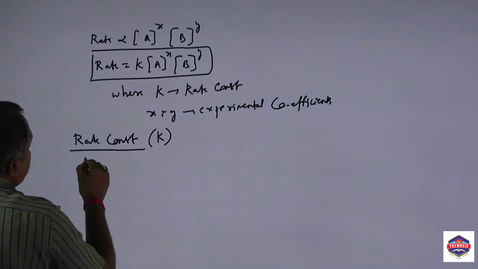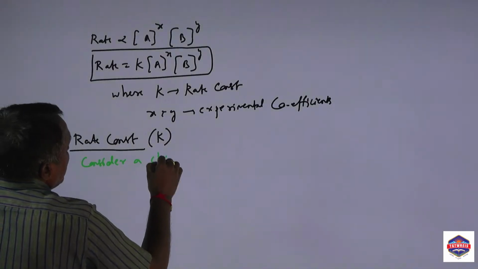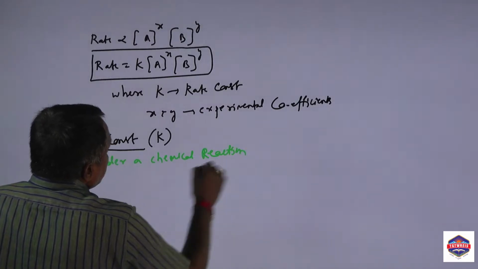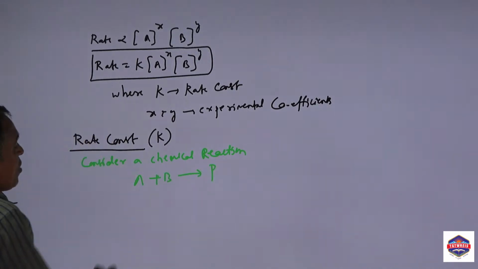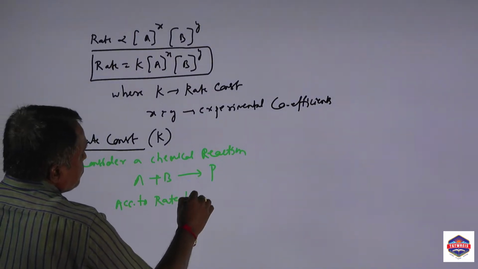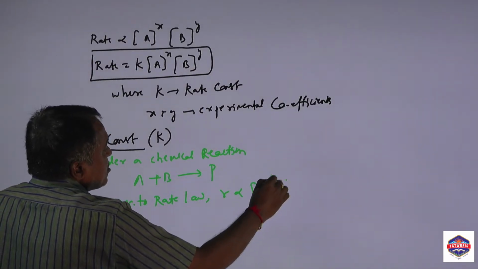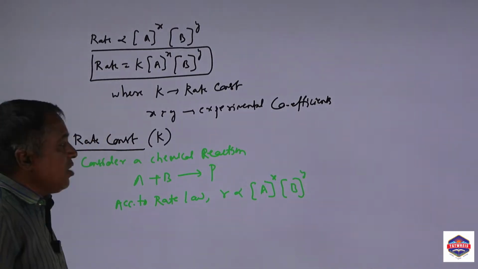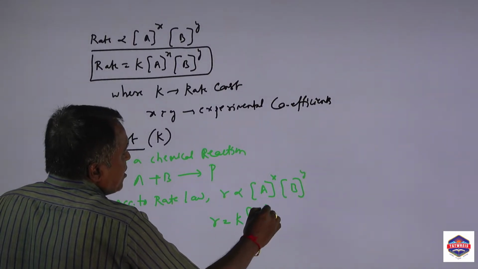Consider a chemical reaction A plus B gives product P. According to the rate law, rate is directly proportional to [A]^x and [B]^y, where x and y are the experimental coefficients. So rate is equal to a constant k into [A]^x, again same, [B]^y.